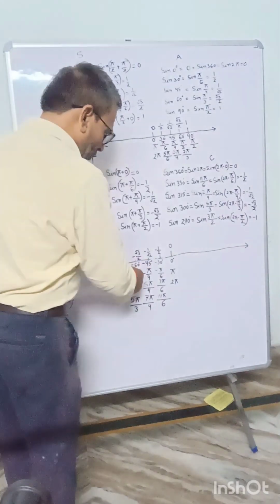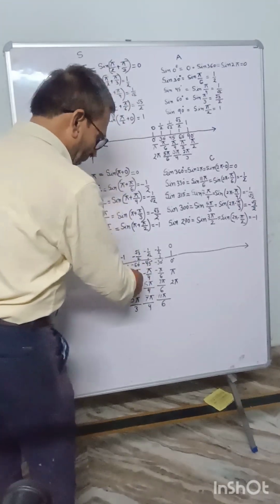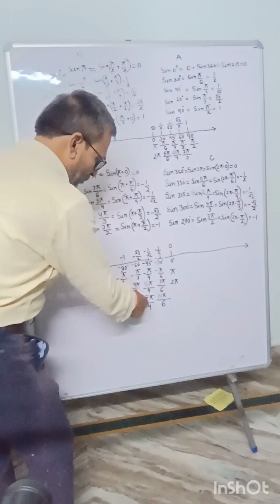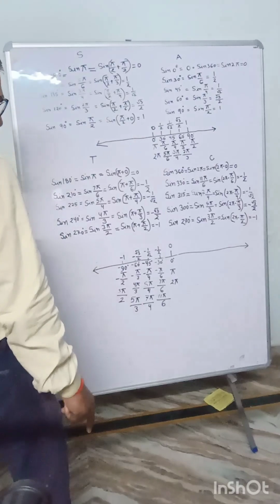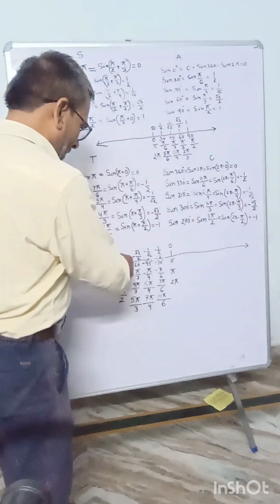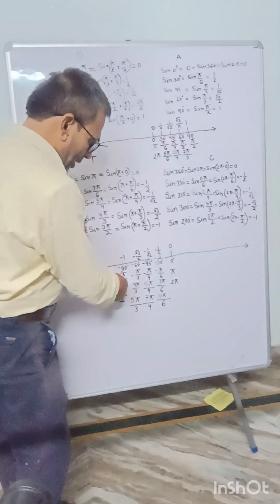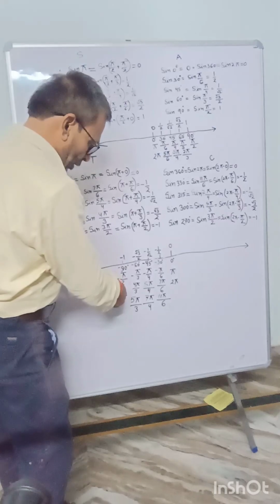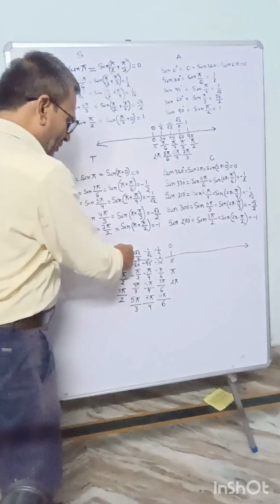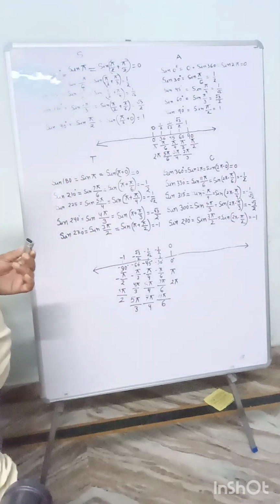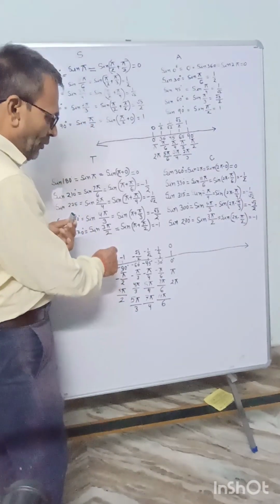Sine minus 45 is equal to sine minus pi by 4 equal to sine 5 pi by 4 is equal to sine 7 pi by 4 having the same value equal to minus 1 by under root 2. Sine minus 60 equal to sine minus pi by 3 equal to sine 4 pi by 3 equal to sine 5 pi by 3 having the same value equal to minus under root 3 by 2. Sine minus 90 is equal to sine minus pi by 2 is equal to sine 3 pi by 2 equal to minus 1.